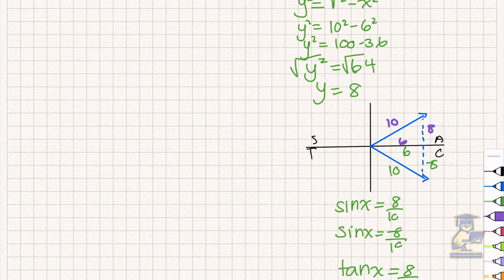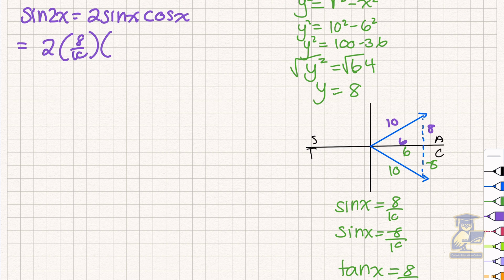So first let's find sine 2x, which is 2 sine x cos x. So you have 2, 8 over 10, 6 over 10. That gives us 96 over 100.